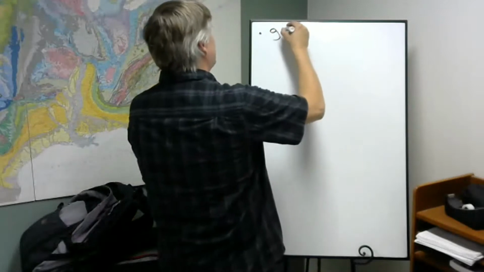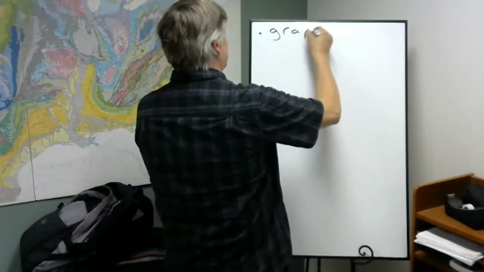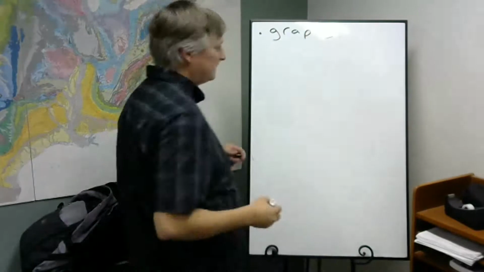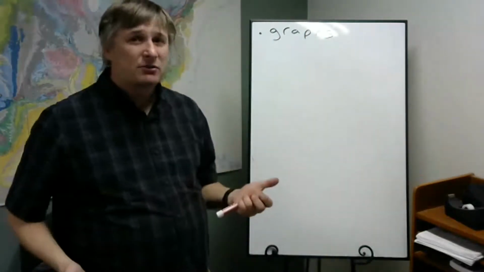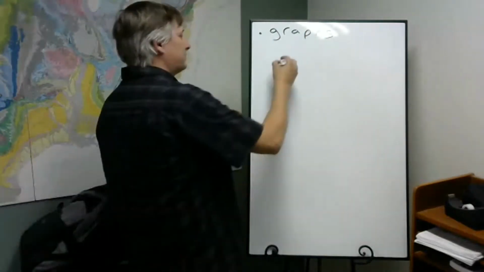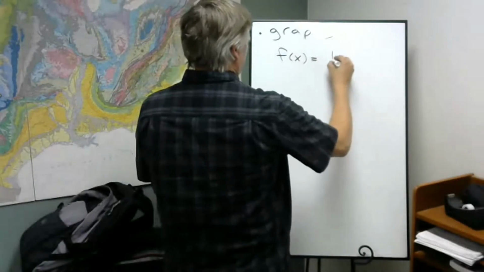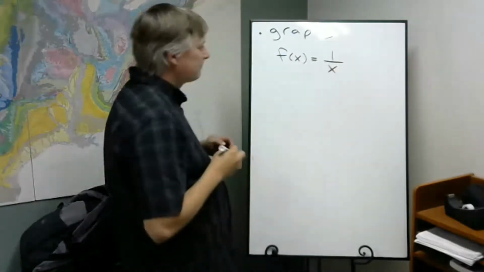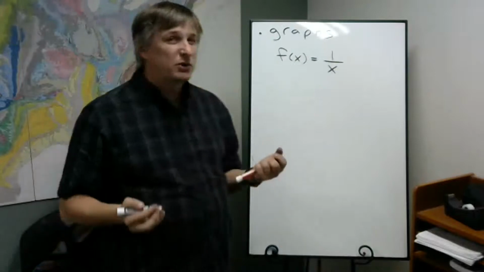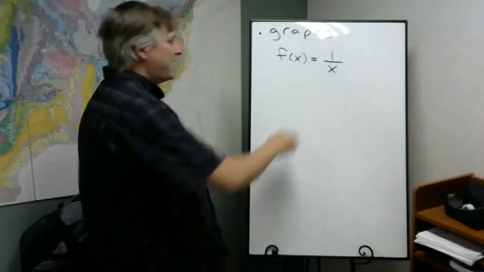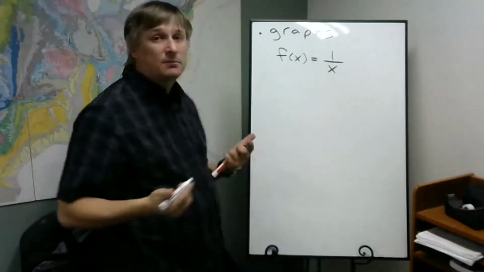So for graphs, the basic rational function, f of x equals 1 over x. This is one of your canonical functions. Now, when x is 0, you get division by 0.